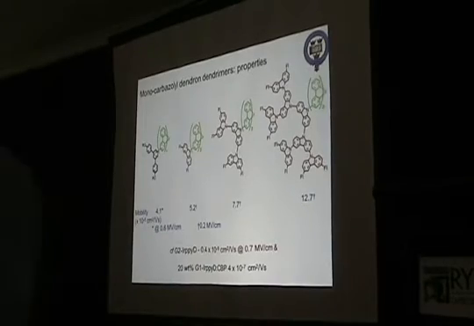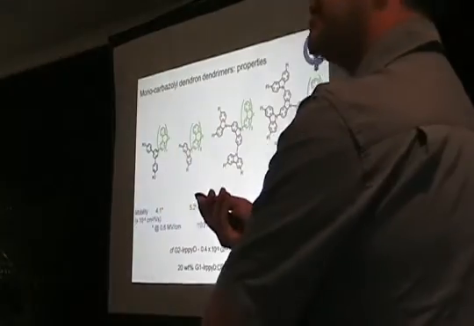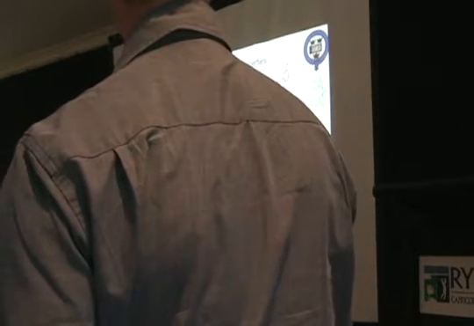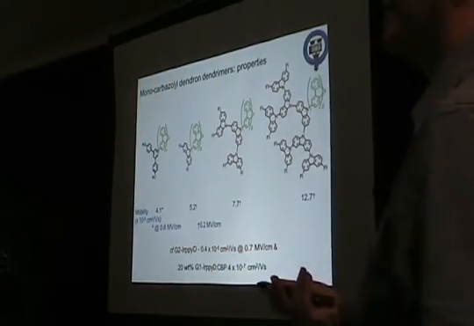So what we did is we measured the hole mobilities in these materials using, again, the charge generation time of flight technique. And what I've got here is a comparison. What I've tried to do is to get as close a field as possible to the field that we use for measuring these materials here. But what's really interesting is that as we go from the first generation of this material to the second generation to the third generation, the hole mobility increases.